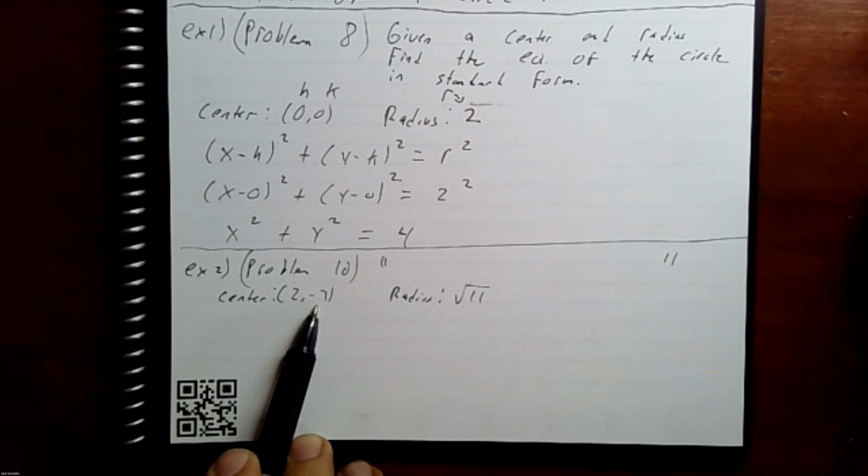Minus minus will become plus. And square root squared, of course, is not squared, not square rooted anymore. So they cancel each other out. Yeah, these will cancel.